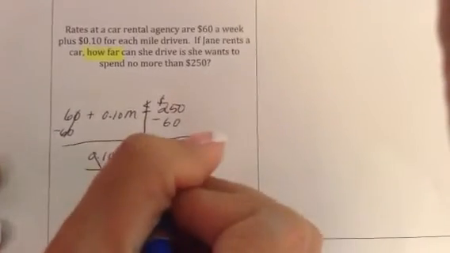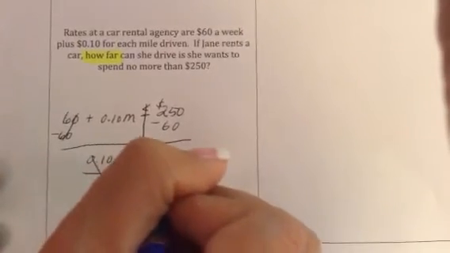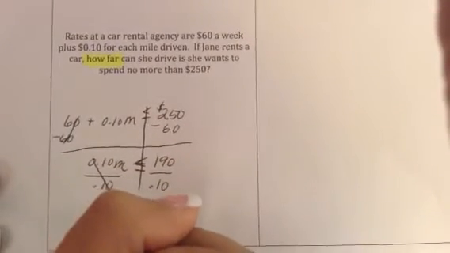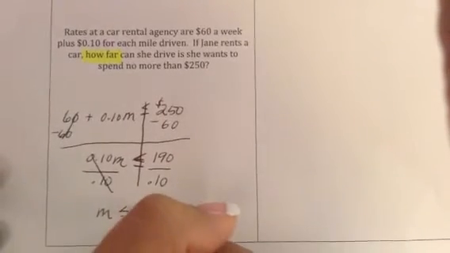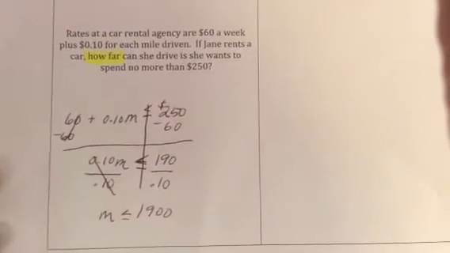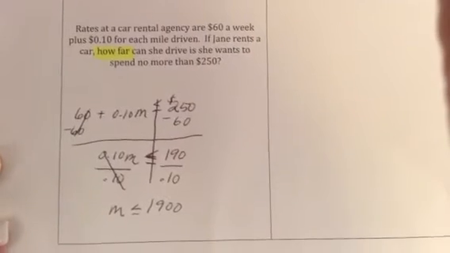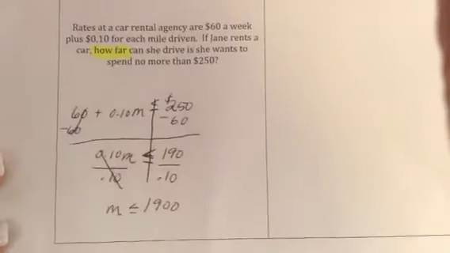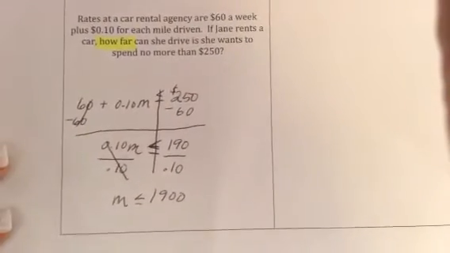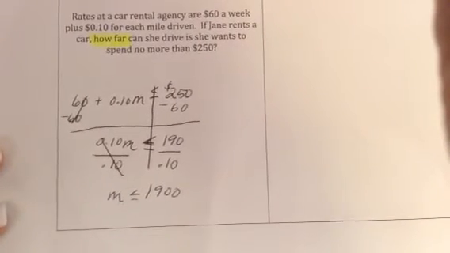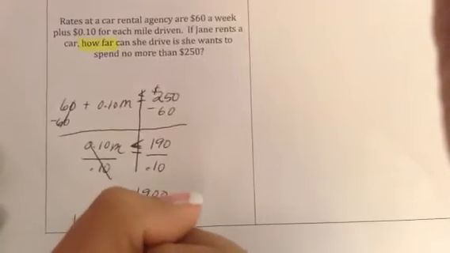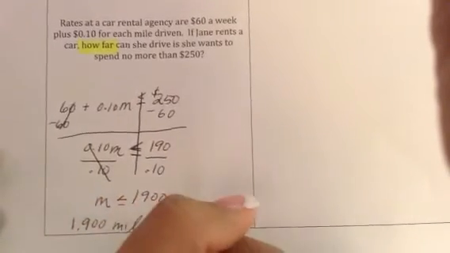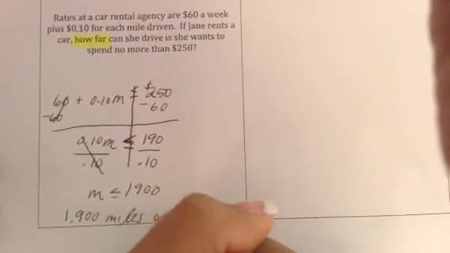So that's going to give us, we had less than or equal, so we have that our miles, she can drive less than or equal to 1,900 miles. But since this is a word problem, I like to answer this in words. So to answer the question, Jane could drive 1,900 miles or less.